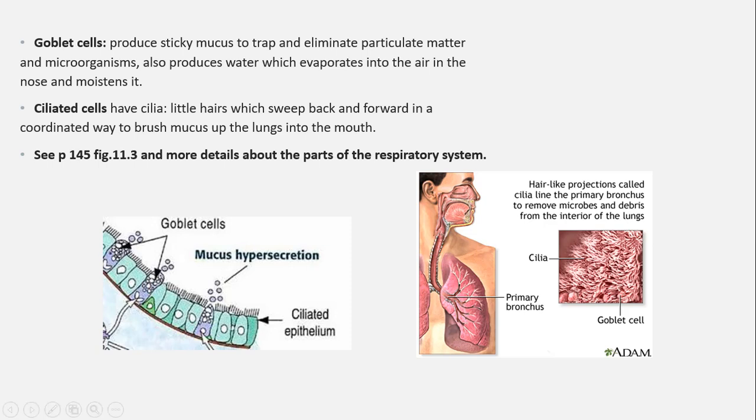You have to distinguish ciliated from goblet cells. Here are the cilia, how they look under a microscope. Goblet cells produce sticky mucus to trap and eliminate particulate matter and microorganisms, and also produce water which evaporates into the air in the nose and moistens it. It's very important for the nose to be kept moist.